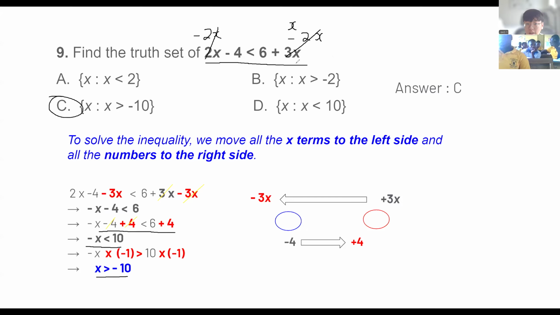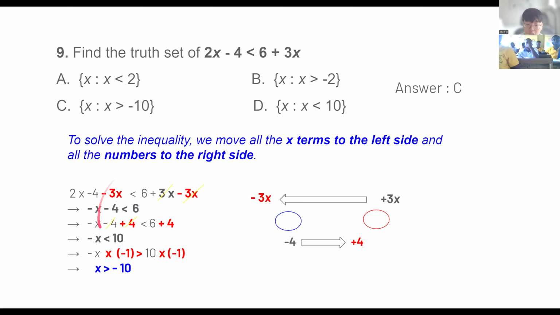And then we subtract 6 from both sides, and we get the same answer. x is greater than negative 10. So that's how we solve the inequality, right?